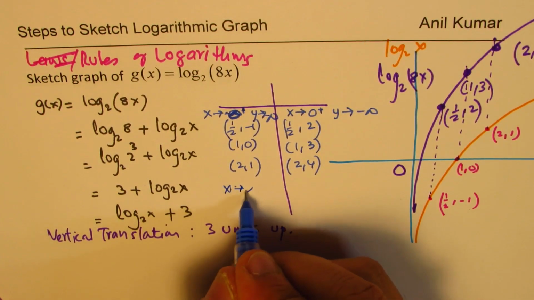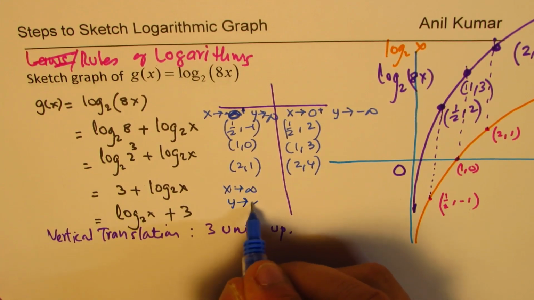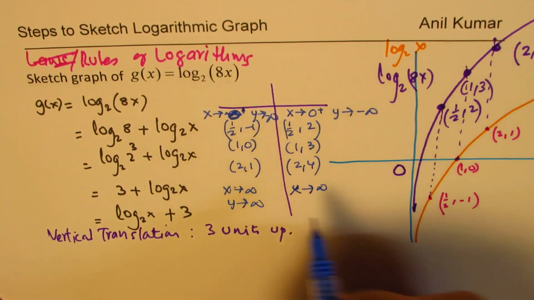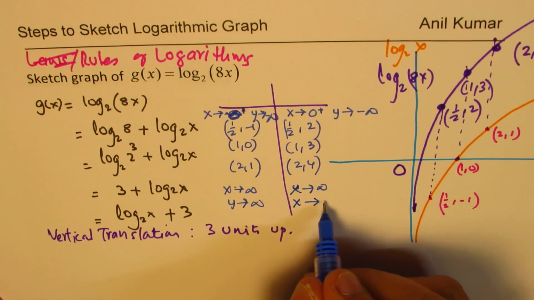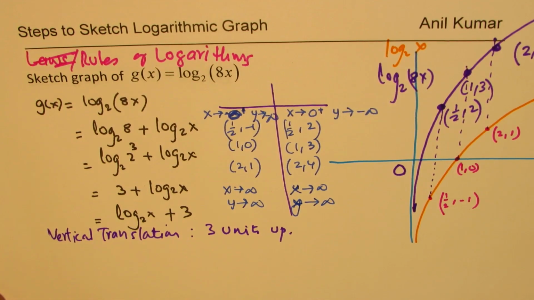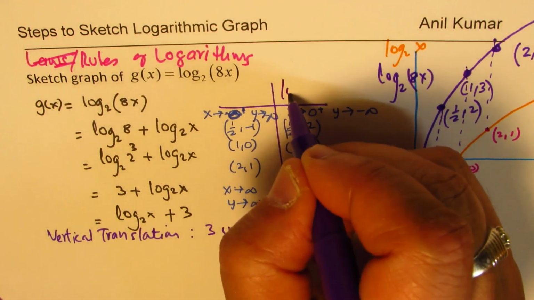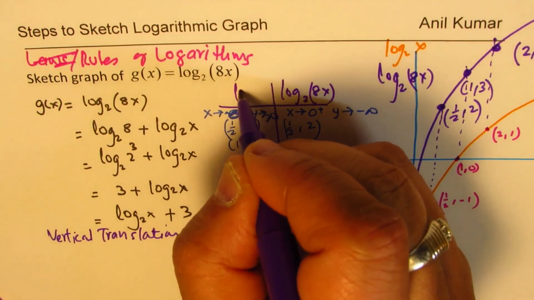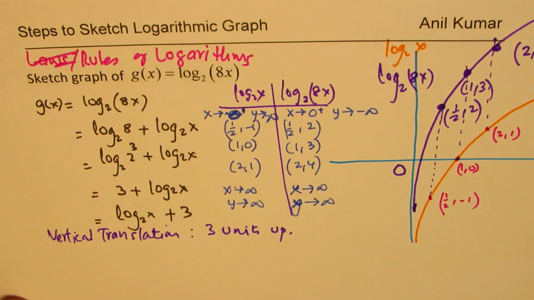When x approaches positive infinity, y approaches positive infinity. That remains same, correct? By moving up by 3 units, it doesn't make a difference to infinity, right? So those are our points for the transformed function when we transform log to the base 2 of x. Is that clear to you? Perfect. Let's move forward.